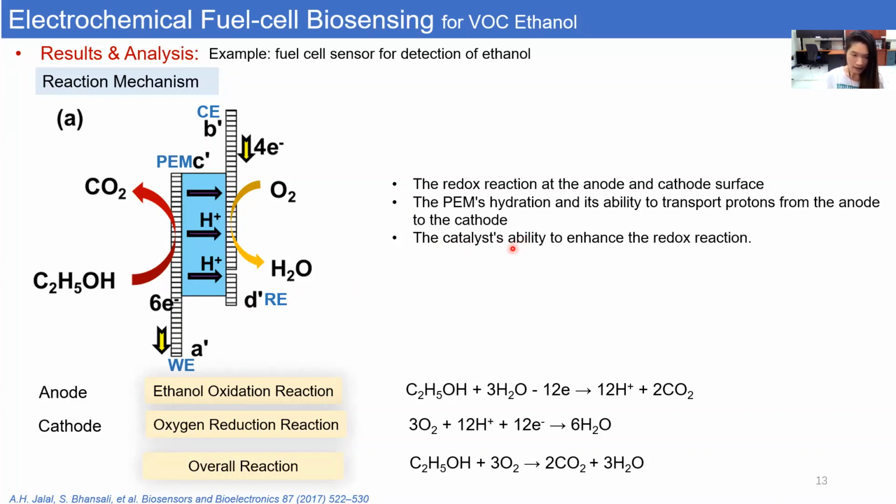The catalyst, here nickel, is to enhance the redox reaction rate. At the anode and the cathode side, there are the ethanol oxidation reaction and the oxygen reduction reaction. The overall reaction is ethanol plus oxygen produces carbon dioxide and water.